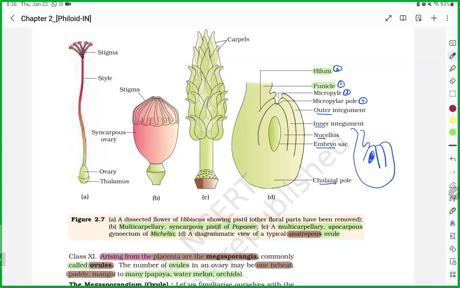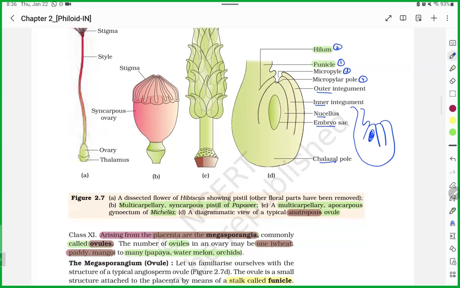Got it? Done? No, sir. Make it fast. And right below, write anatropous ovule; the name anatropous is extremely important.